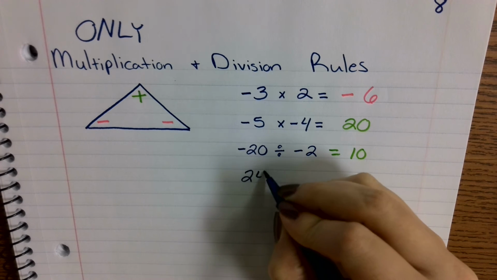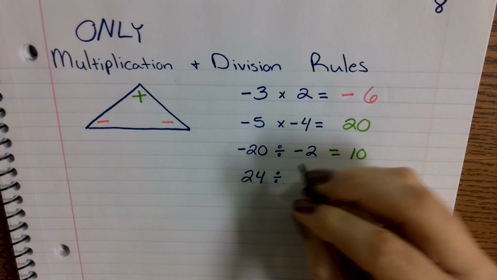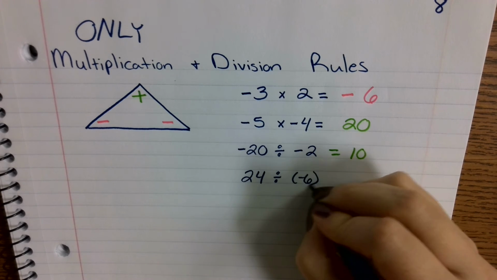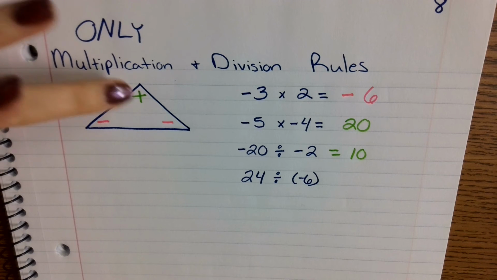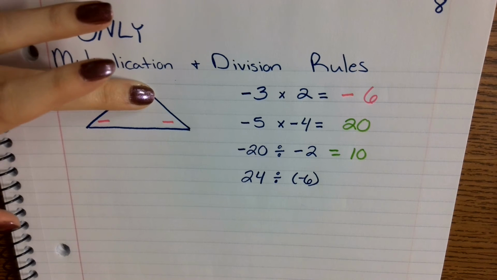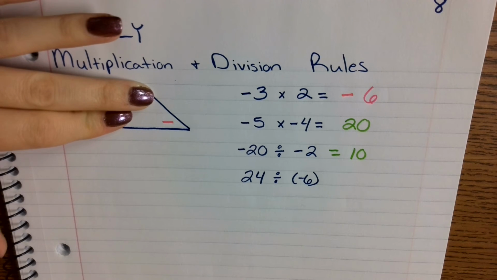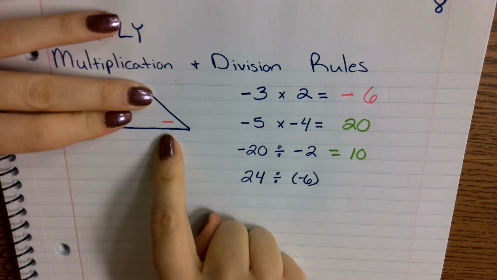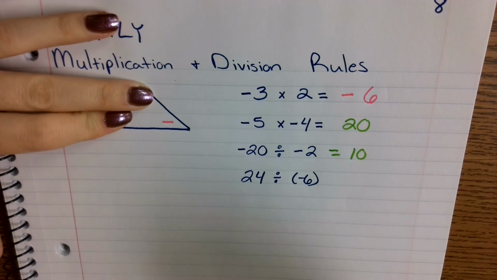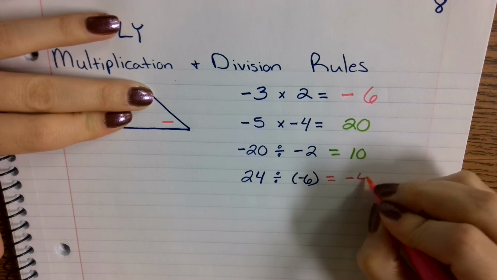If I've got a positive number and I'm dividing it by a negative number, again, I have a positive that's going to get covered. I have a negative that's going to get covered. And what am I left with? A negative. So I get a negative 4.